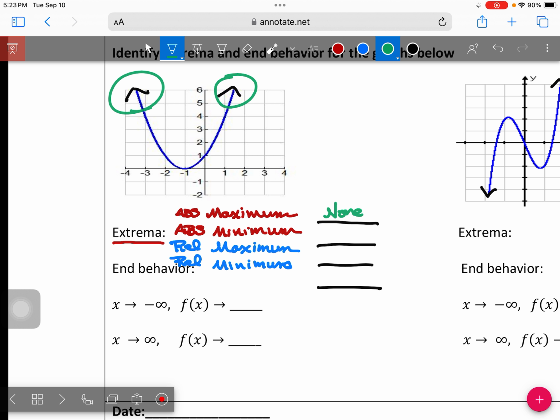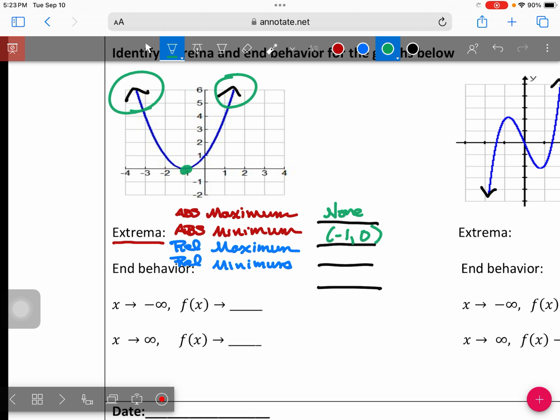You didn't necessarily have to write these all out, but I'm just showing you these are your options. I see an absolute minimum. Absolute means it's the est, it's the lowest since it's the minimum. The lowest point of this graph is right there, and we write that as -1, 0.